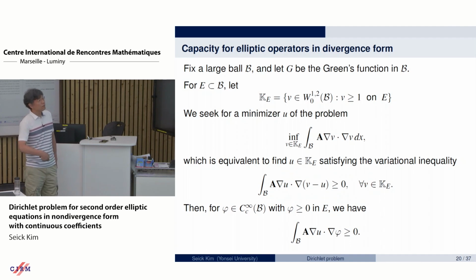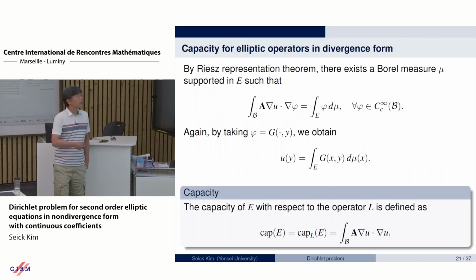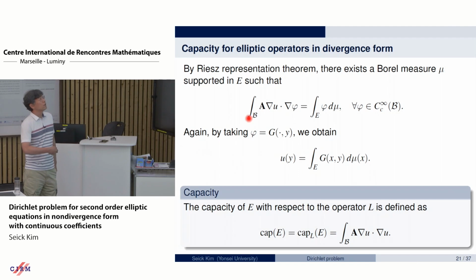So for example, you can take the test function v, which is positive on E, then you have that. And again, you can see that. So this gives you a measure, all right? So by the Riesz representation theorem, there exists a measure so that this equality holds for that v, okay?